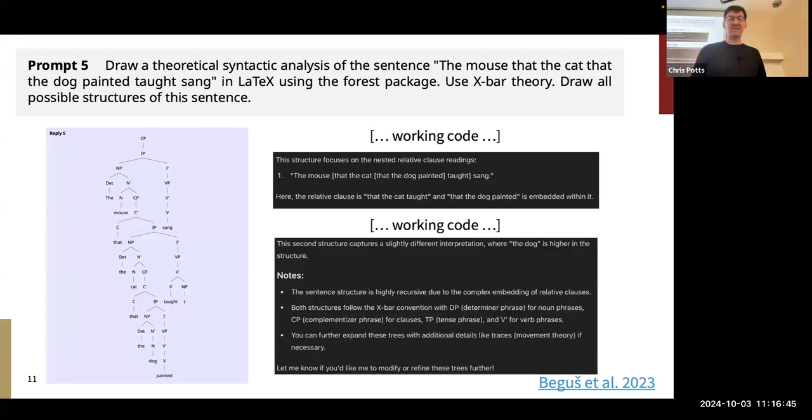Then it offered a second example, and then it gave a really nice analysis of how linguists think about center embedding structures. Again, I don't think being a linguist in this way is necessary for us saying that a language model has command of language, but it is really impressive that it can do these kind of metalinguistic things.